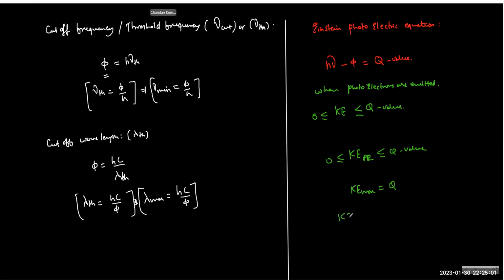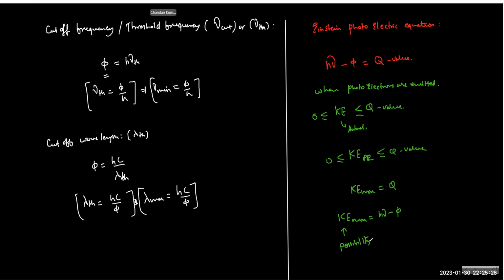And that is why the K max we write as h nu minus phi. And this is the possibility. Is it reality? No, sir. This is the maximum possible value.